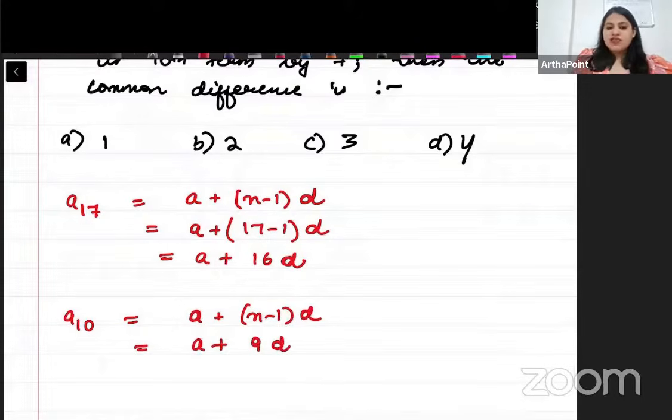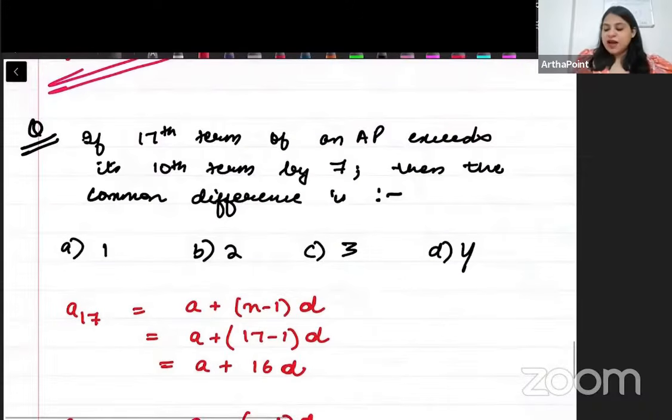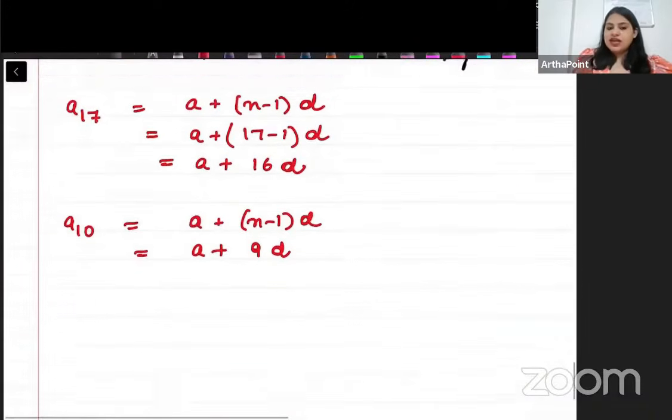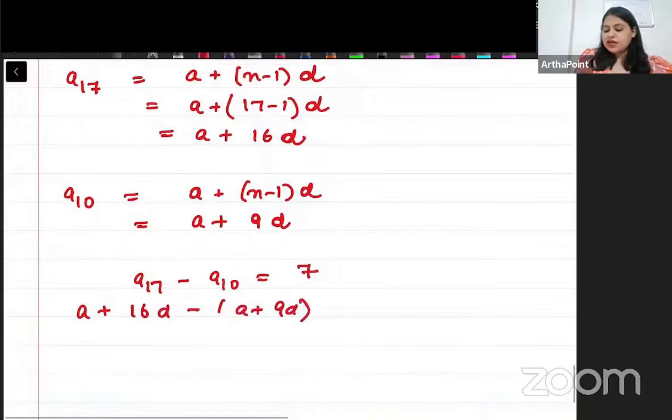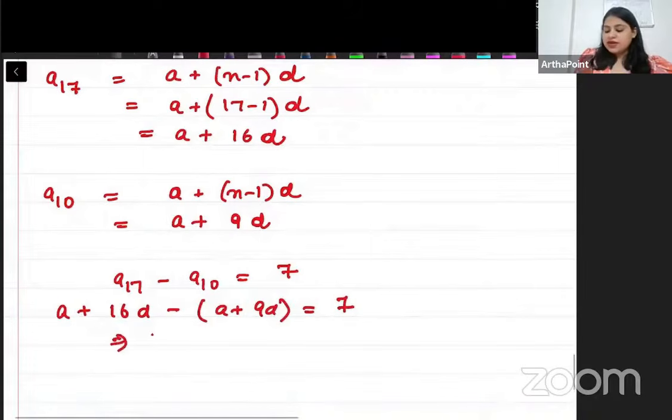Now it says 17th exceeds 10th by 7. That means A17 minus A10 is 7. So A plus 16d minus A plus 9d, this is 7. This implies beta that if you solve this, 16d minus 9d is 7.